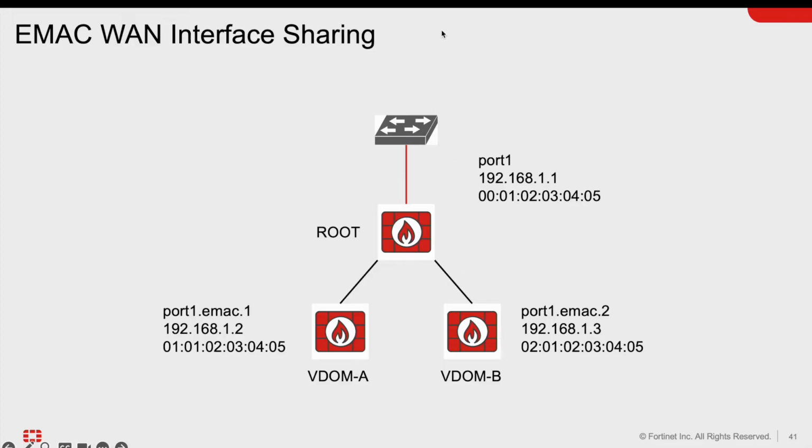And it also means that any device northbound coming from upstream, be that the internet or otherwise, that does an ARP request for .2 or .3 is going to get a response from these individual MAC addresses. And that traffic will be passed through this link along the virtual link to each individual VDOM.